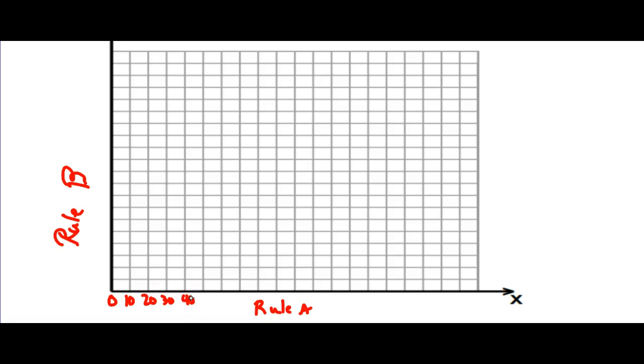I'm making this short, and I know that's not okay, but just to show you what this looks like. And then I'm going to go 10, 20, 30, 40, 50, 60, and 70 for rule B.